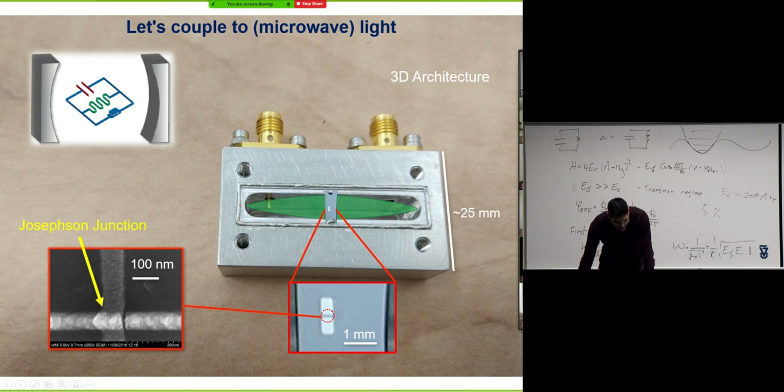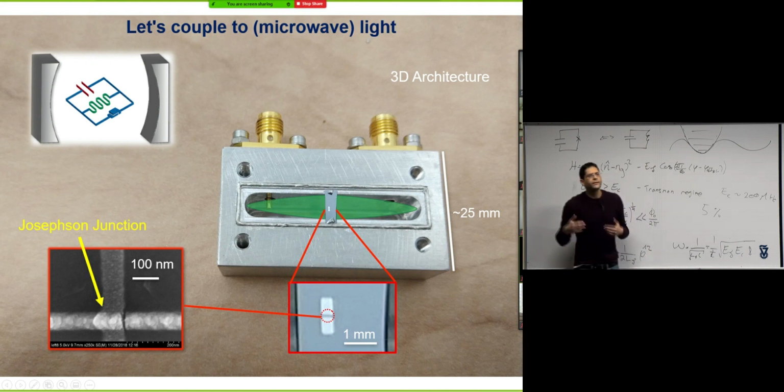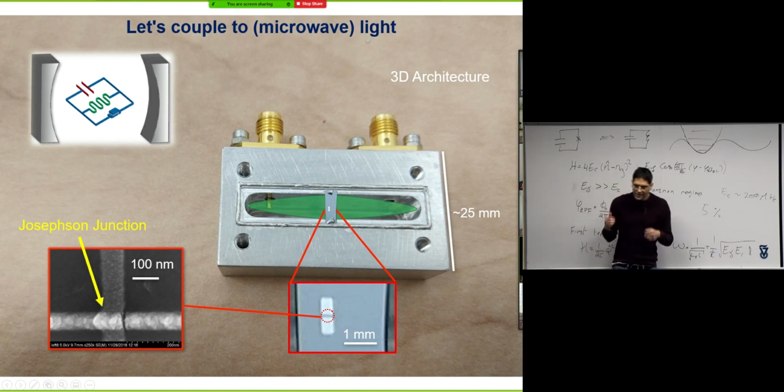Okay, so this is a Josephson junction, and it is in parallel to these two squares which form the capacitor. So you get a capacitor and a Josephson junction. These two paddles over here not only play the role of a capacitor, but they're also designed in such a way that they form an antenna.